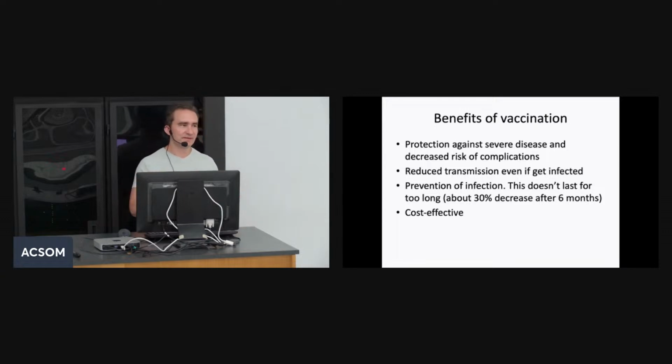Even if the vaccine matches exactly the type of coronavirus you were infected with, the efficacy starts subsiding, about 30% after 6 months. It's also cost effective because if somebody gets hospitalized, the system would spend a lot of money for that.